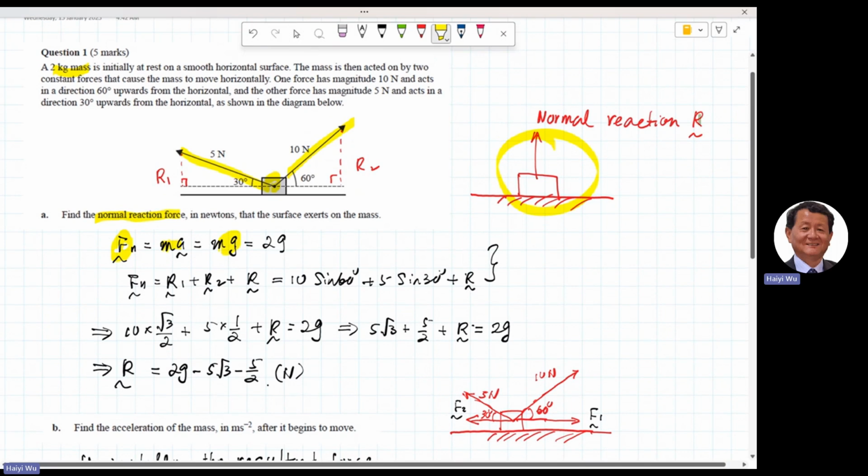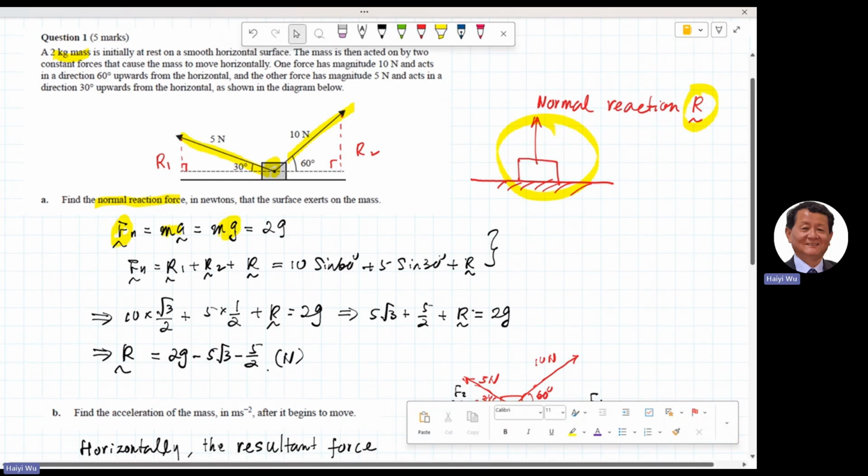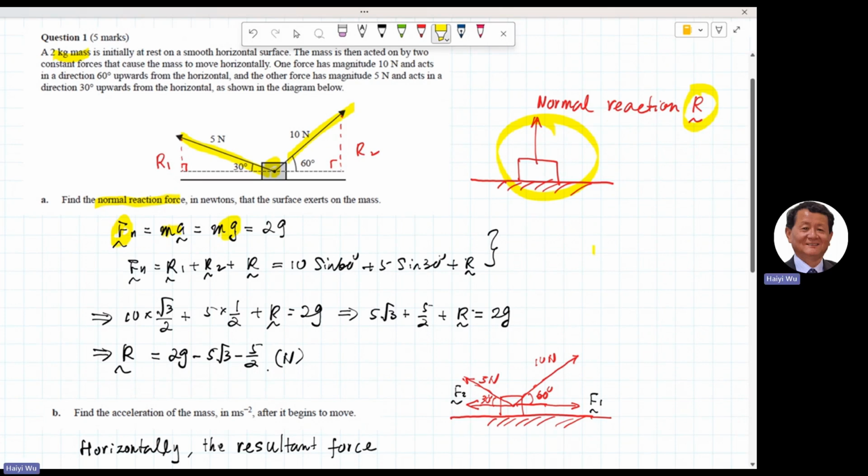We call that R, which is equal to 2g. But at the moment we've got three collective normal reaction forces, so we need to put together a resultant: R1, R2, plus R.